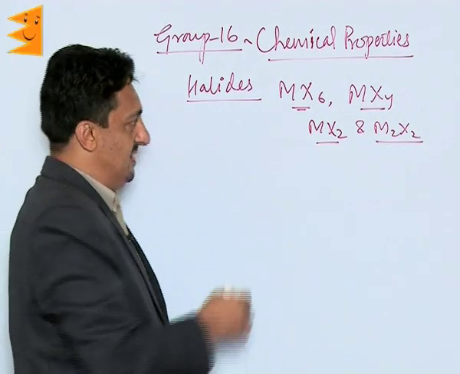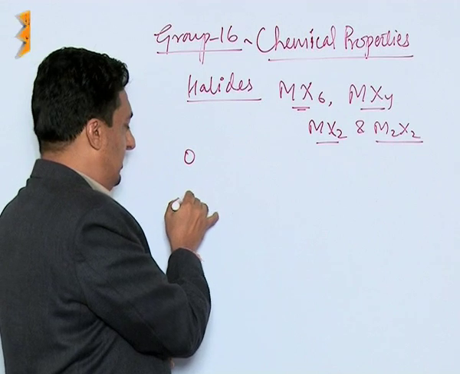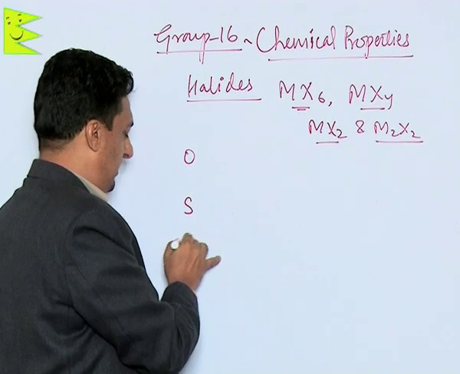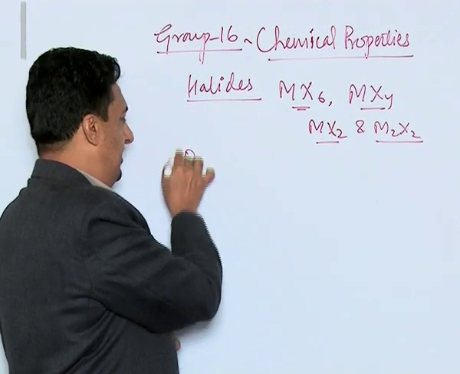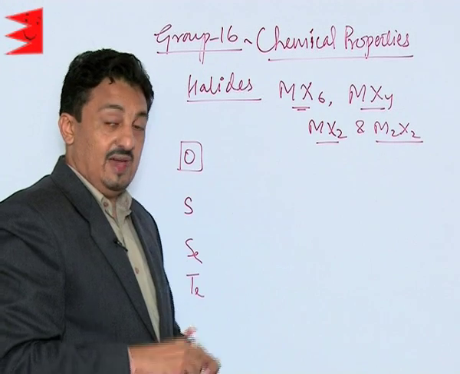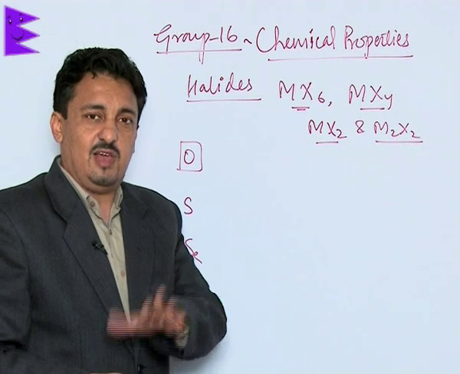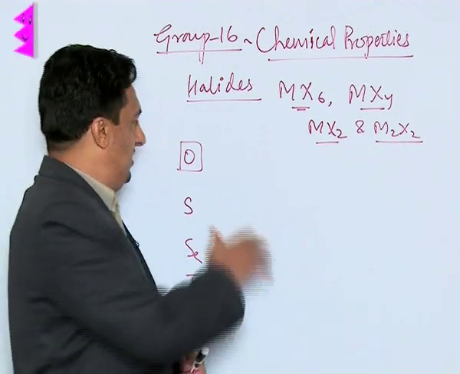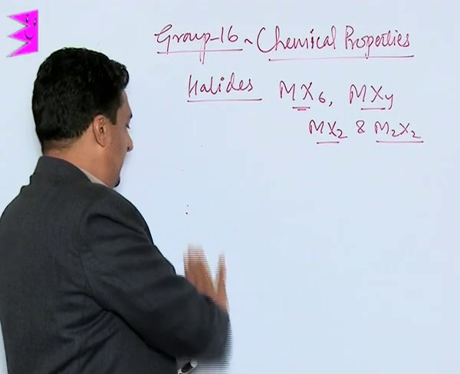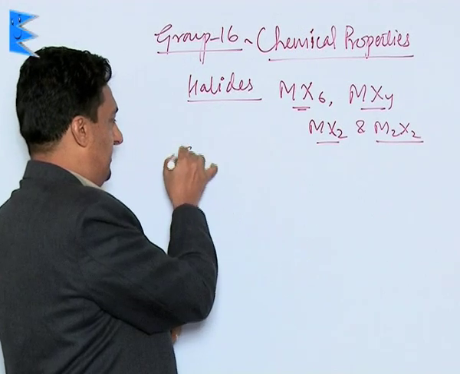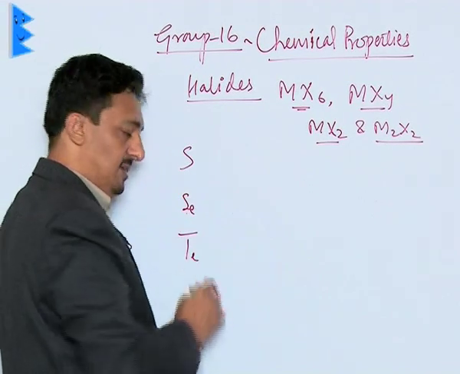Let us first see the halides. Now we know the group 16 elements: oxygen, sulfur, selenium and tellurium. We will not study here the halides of oxygen because they can be studied as oxides of halogens in group 17. So we will only concentrate our studies on sulfur, selenium and tellurium.